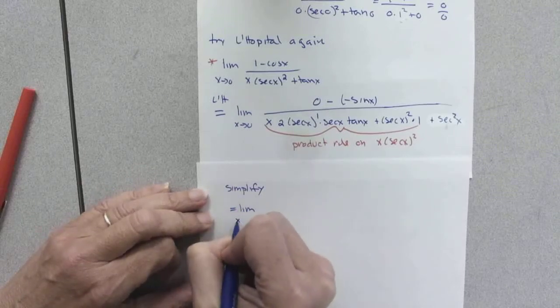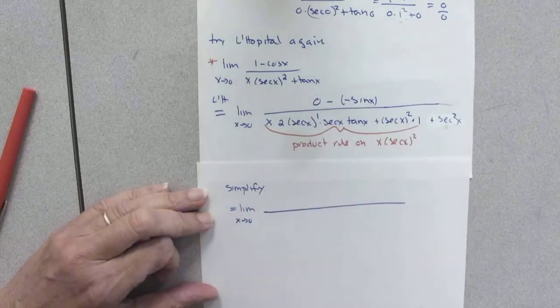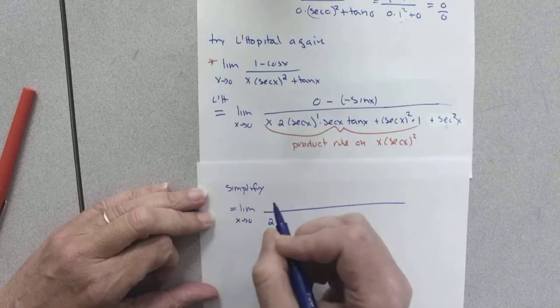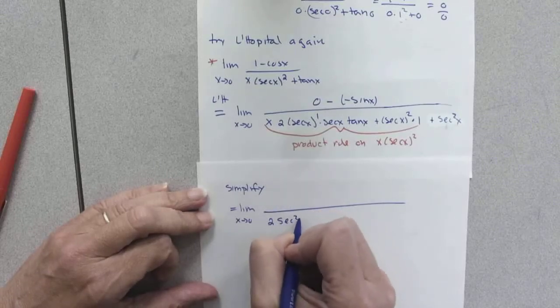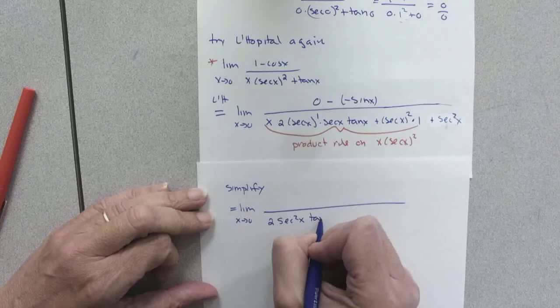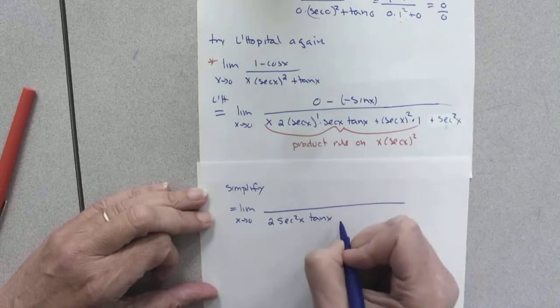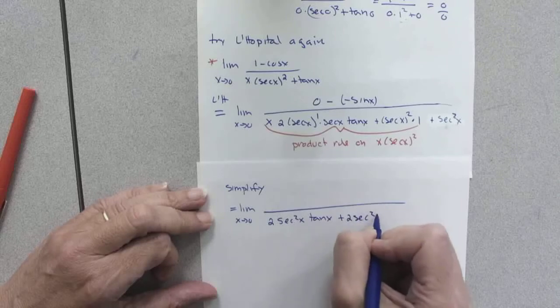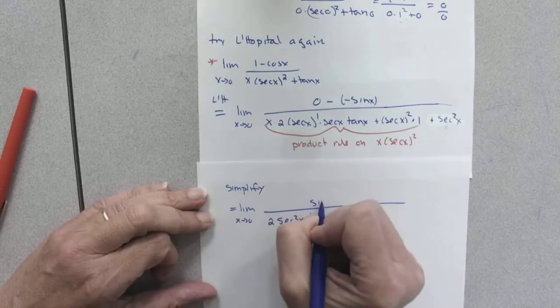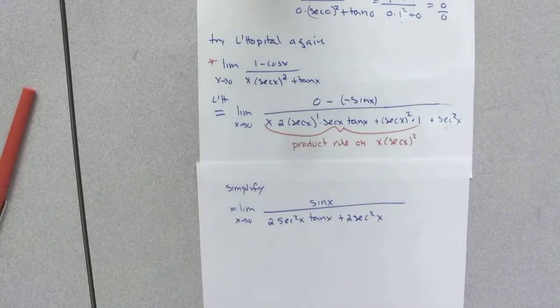So I'm going to have the limit as x goes to 0. Let's simplify the denominator there. So that's going to be 2 secant squared x tangent x, and then I've got a secant squared and a secant squared there, so plus 2 secant squared x, and on the top sine x.